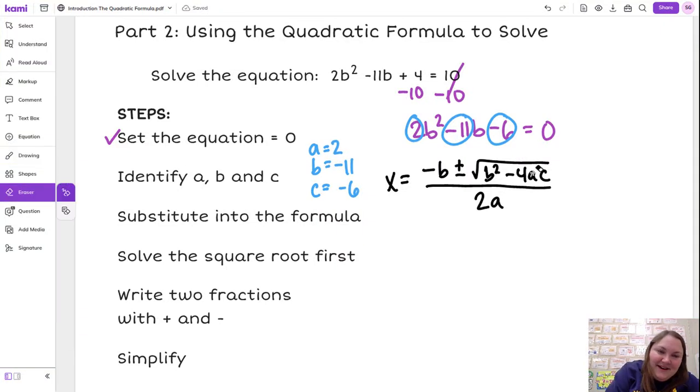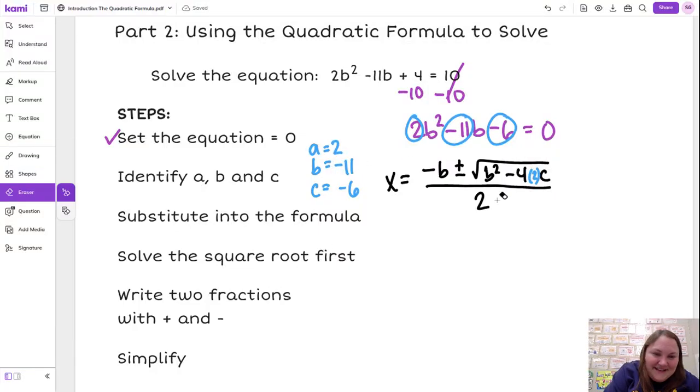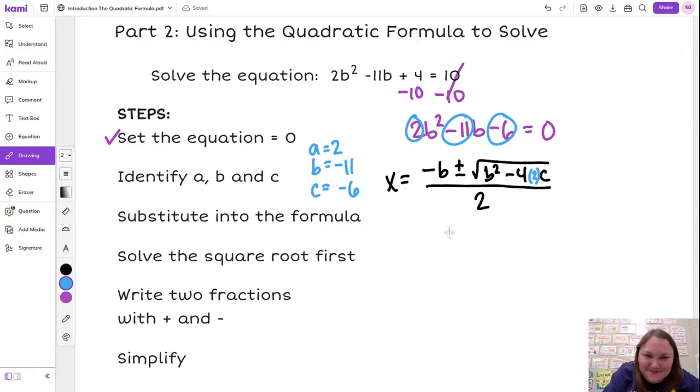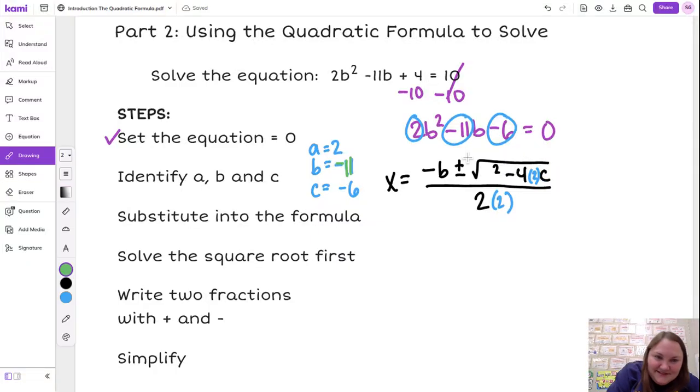It means here I have the letter a, I'm going to replace that with the number 2. And so it would say 4 times 2 there. I also have a down here, and so that's going to become 2 times 2. And then we can do the same thing with these other numbers. I'm going to keep everything color-coded. So my b, my negative 11, that means right here I need to do negative 11 squared.